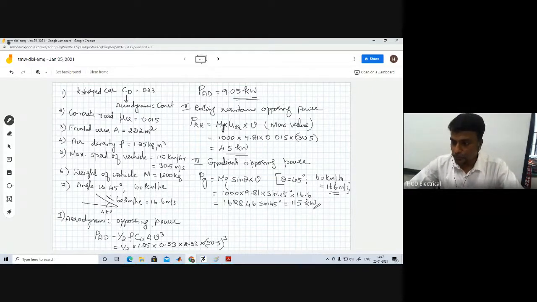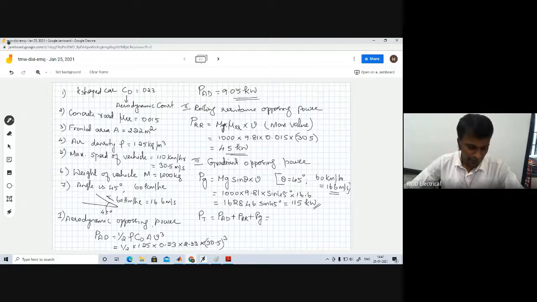Now we can calculate the total power of the vehicle. The total tractive power is what the car motor should overcome: aerodynamic power plus rolling resistance opposing power plus gradient power.